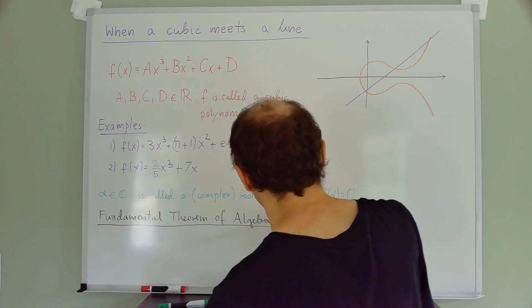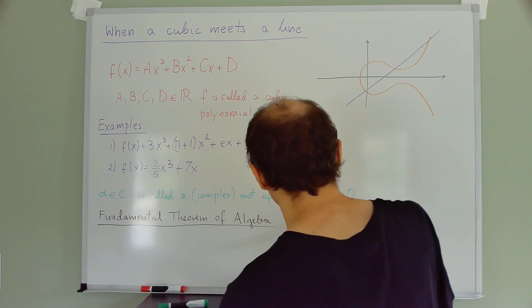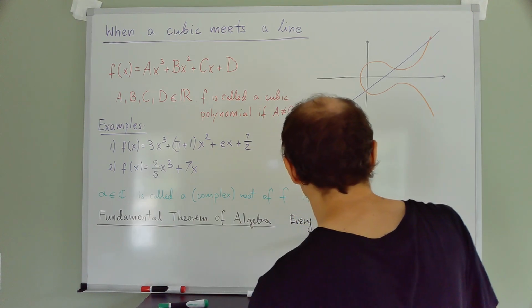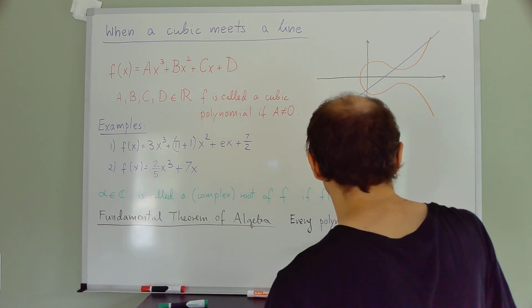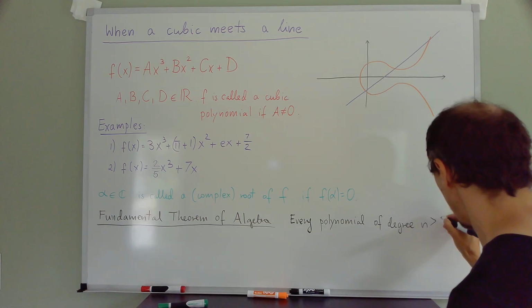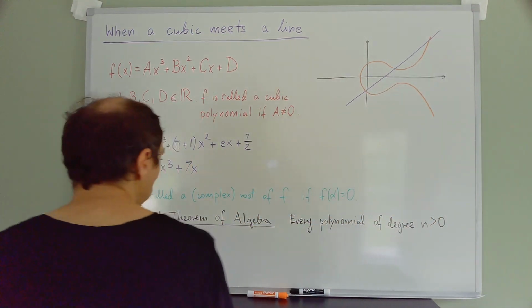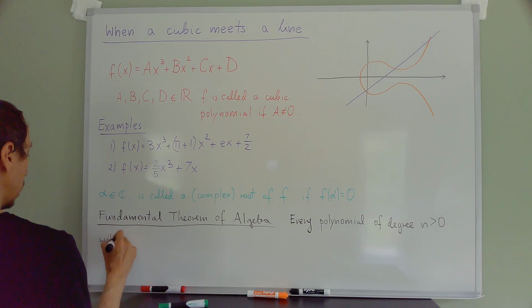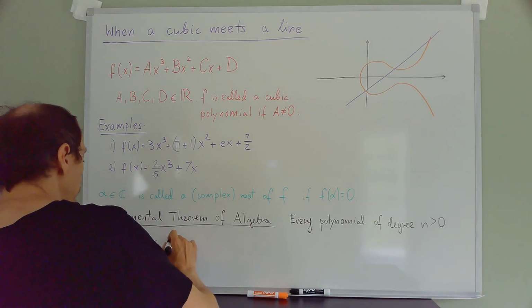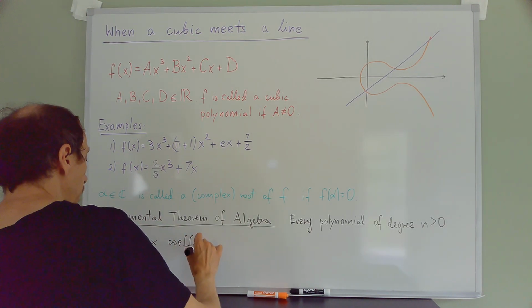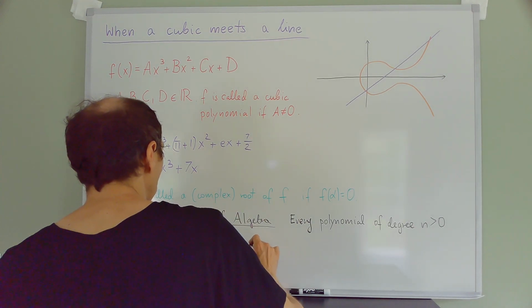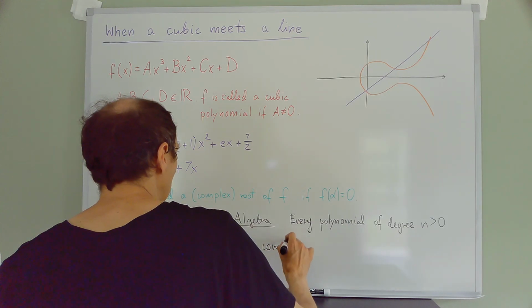So every polynomial of degree n greater than 0 with complex coefficients has a root, has a complex root.